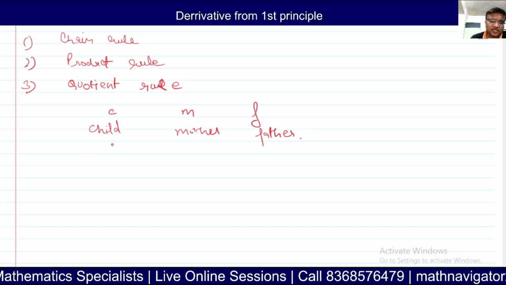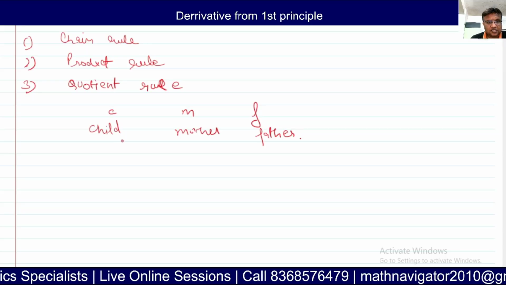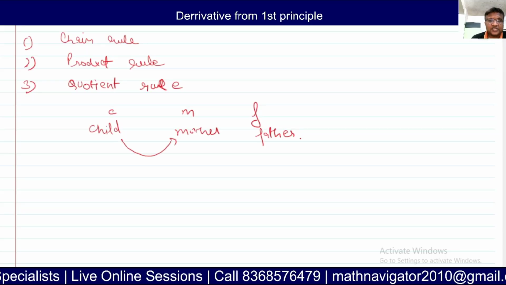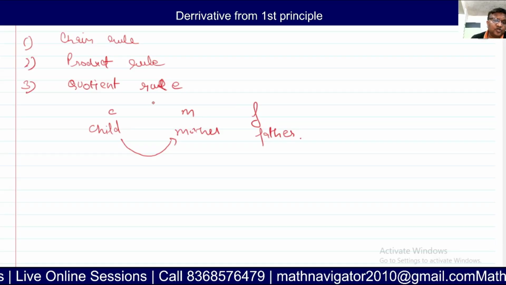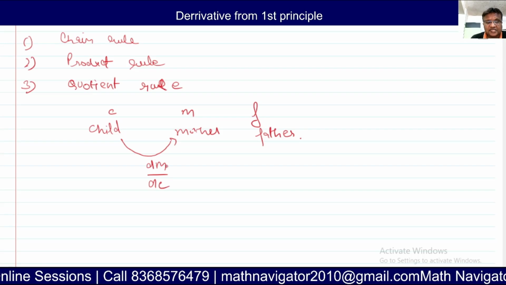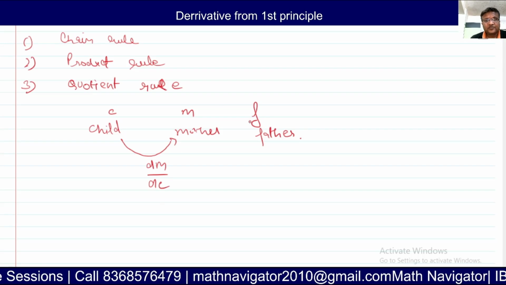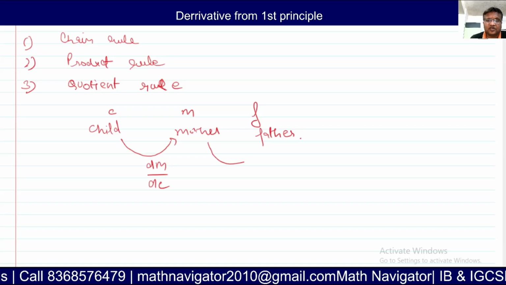So if there is some change in child, that means let's say child has scored less marks, so mother got upset, right? That means change in mother came due to change in child. So I can write dm by dc, change in mother with respect to child. But let's say if the mother is not feeling good, then father will not feel good.